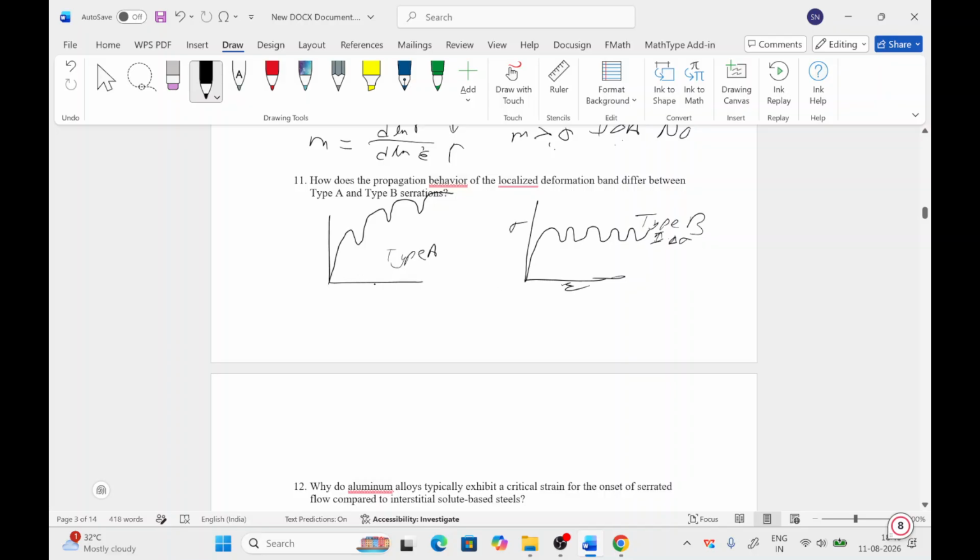So type A serrated flow occurs when the deformation band moves continuously through the specimen.